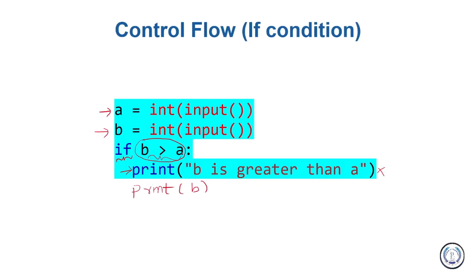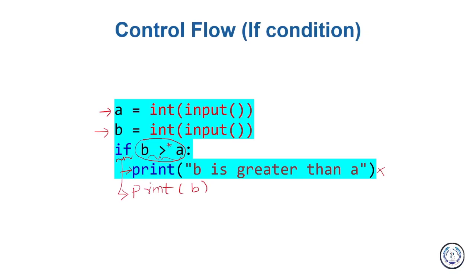If B is not bigger than A, what will we do then? If B is bigger than A, then B will be printed, yes, because then you will be inside here.